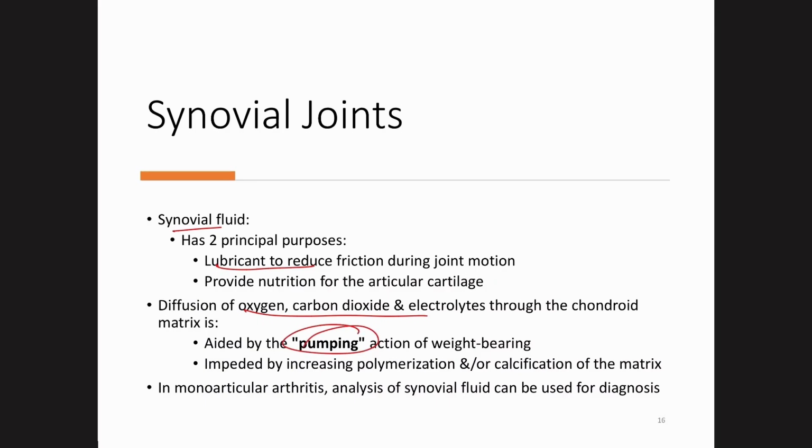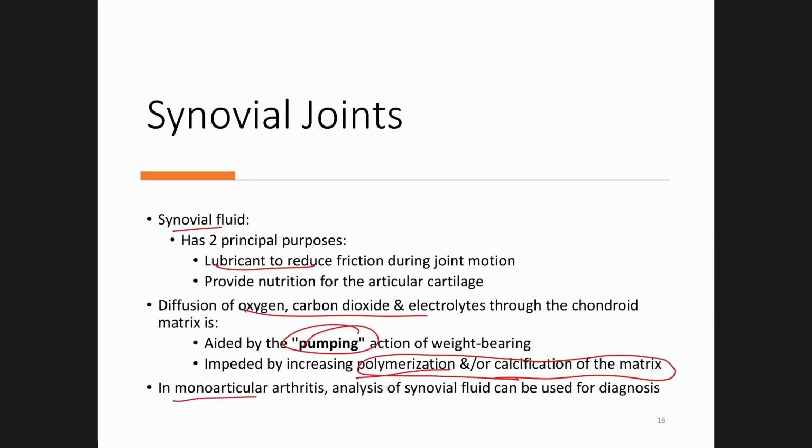So just walking helps with pumping action, just like the skeletal muscle pump. Walking also helps with diffusion of oxygen and CO2 in and out. This is impeded by increasing polymerization or calcification of the matrix. So when you start damaging that articular cartilage, you're not going to have the same properties anymore.